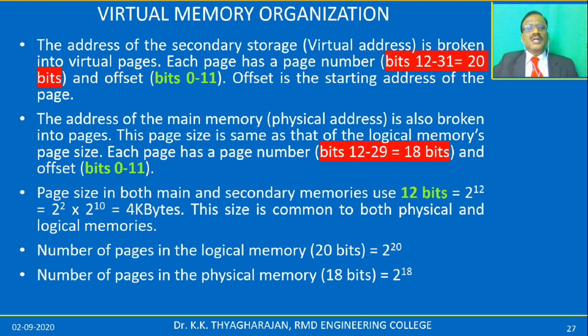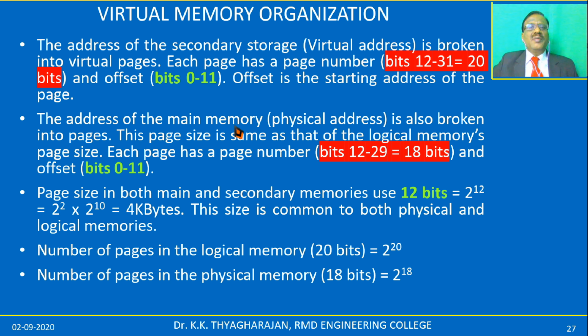In those 32 bits, the bits 12 to 31 will be used to address the page numbers, and the remaining 12 bits, that is bits 0 to 11, will be used to address each location in the page. That is called the offset address. Anyway, this offset address will indicate the starting address of the page.